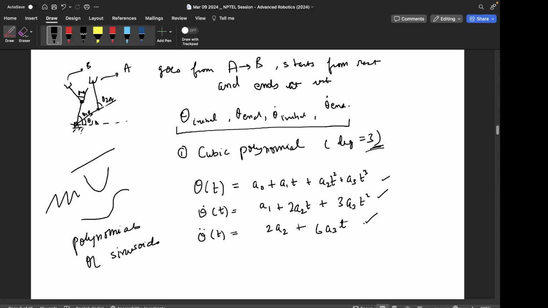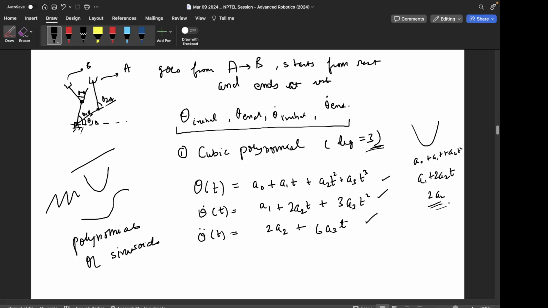So what you see is that by choosing degree 3, you get time dependence in all of those. You have the ability to change all three, position, velocity, and acceleration, with time if you choose a cubic polynomial. If I choose a quadratic, which is a0 plus a1t plus a2t square, then the first derivative will be a1 plus 2a2t, and the second derivative will be just 2a2.